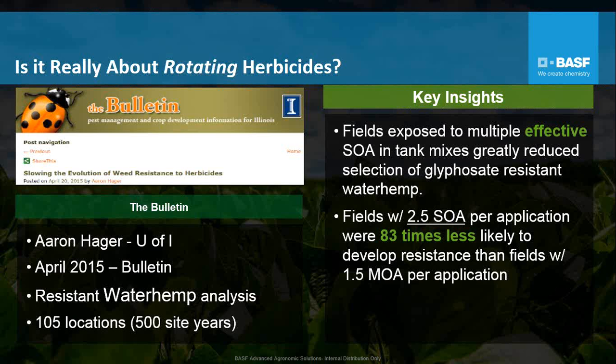And that's a pretty compelling story in support of getting effective modes of action in those tank mixes. It may not even always be about just rotating herbicides as much as it is getting effective herbicides in the tank when you make those trips.